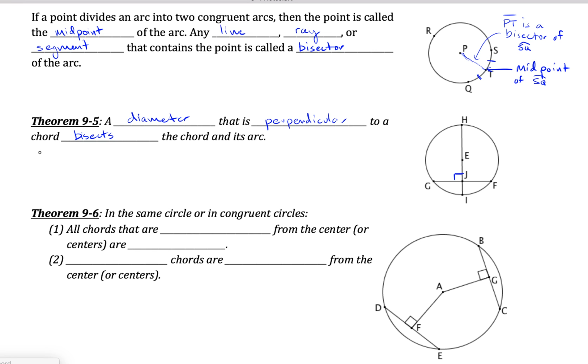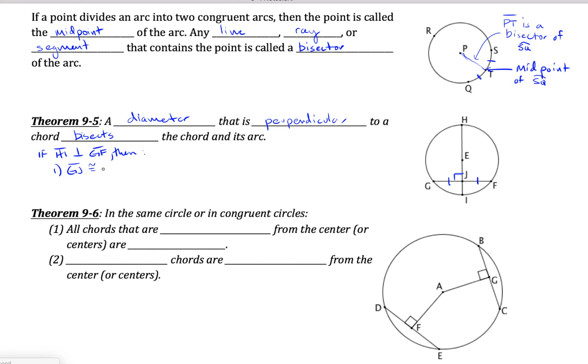So if segment HI is perpendicular to chord GF, then first of all, it would bisect chord GF. So GJ would be congruent to JF.